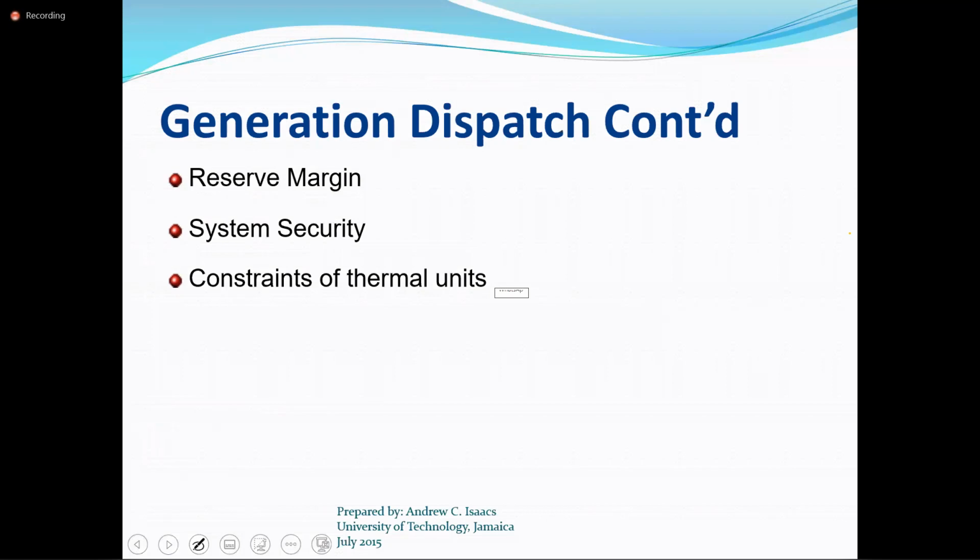We consider system security, which we'll deal with from a protection standpoint. There are also the constraints of your thermal unit, as we'll highlight later when we do the math.